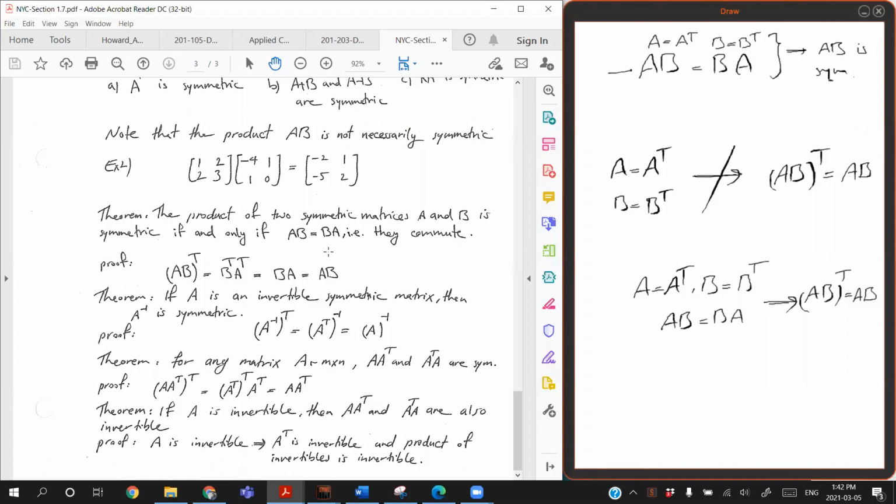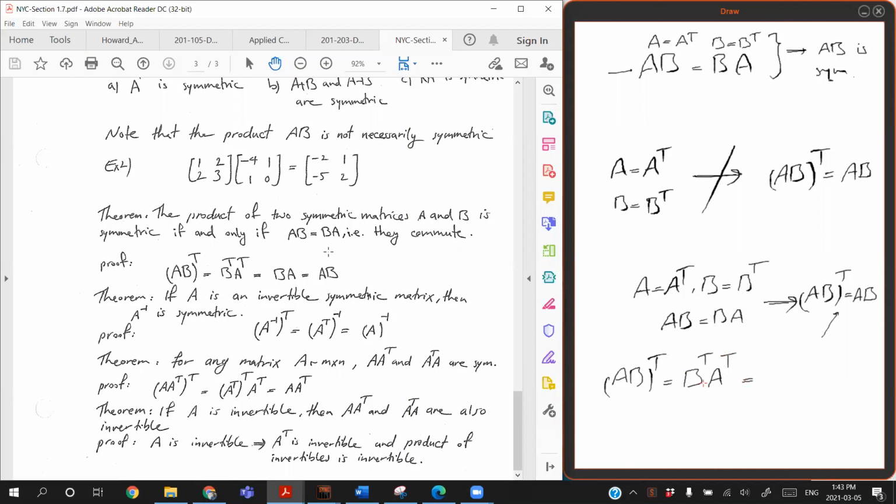Now the proof is also very easy. I want to prove this. I know that AB transpose is equal to, this is the theorem we had in the previous sections, that for any two matrices, AB transpose is B transpose times A transpose.